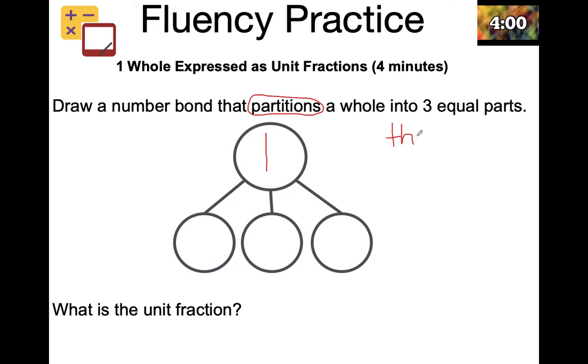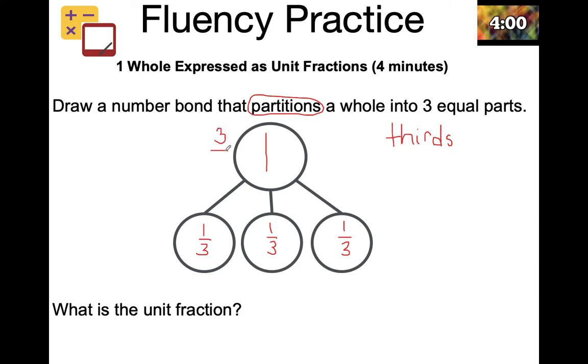So if you thought, okay, we're doing thirds because there's three equal parts, give yourself a pat on the back. You were correct. So if we're talking about thirds, we will need 3 thirds to make one whole. So in your number bond, each of these should have 1 third, because 3 1/3 equals 3 thirds, or 1 whole.